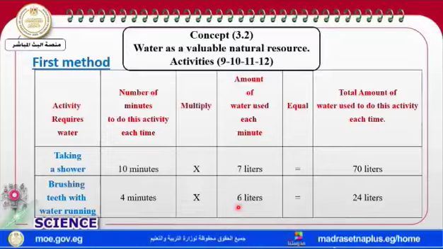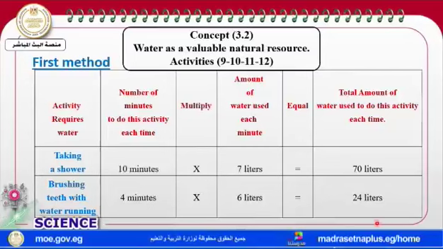So if I ask you, my dear student, what is the amount of water used to brush teeth with running water for 4 minutes each time? 24 liters. Okay, so that's the amount of water used.